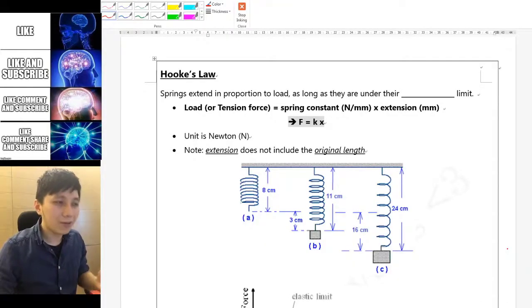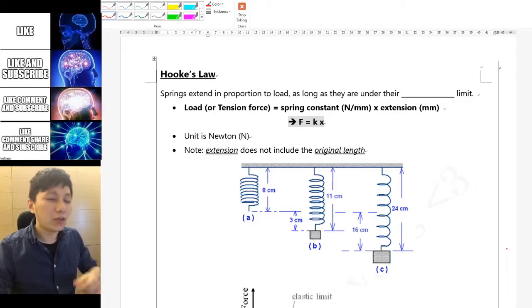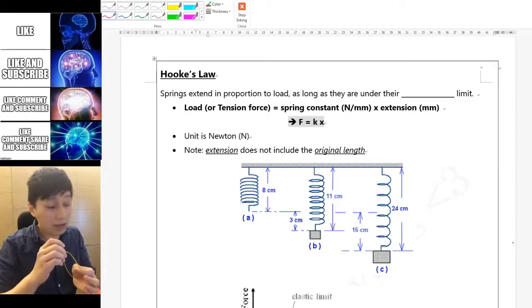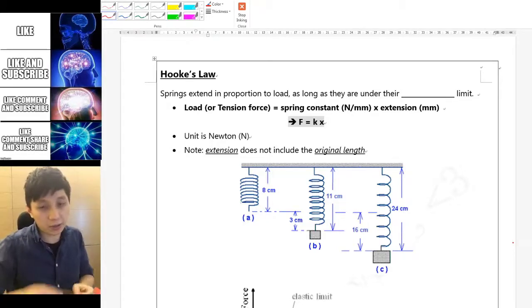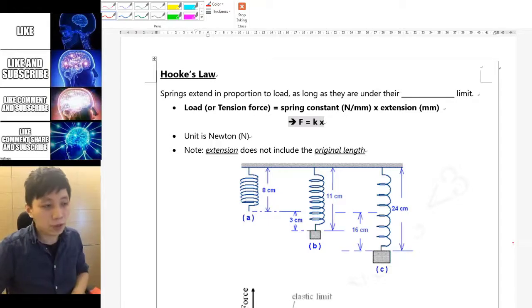So first of all, the idea of Hooke's law does not really apply to everything and any time. It actually only describes a certain material and at a certain force or length only. For example, the rubber band does not actually obey Hooke's law at all because they don't extend in proportion to your force.